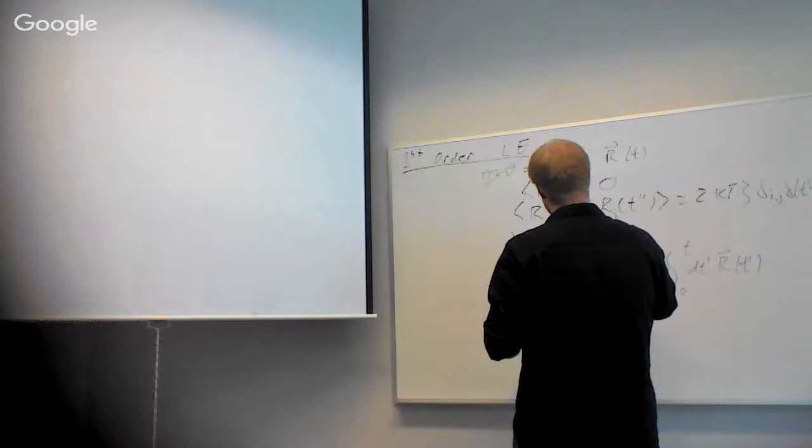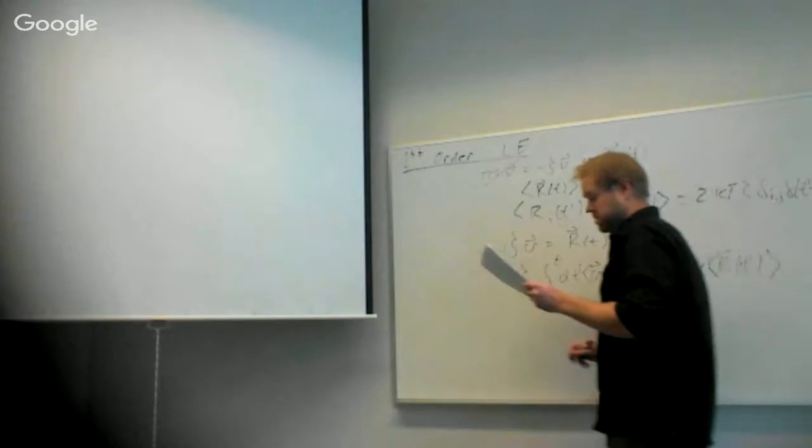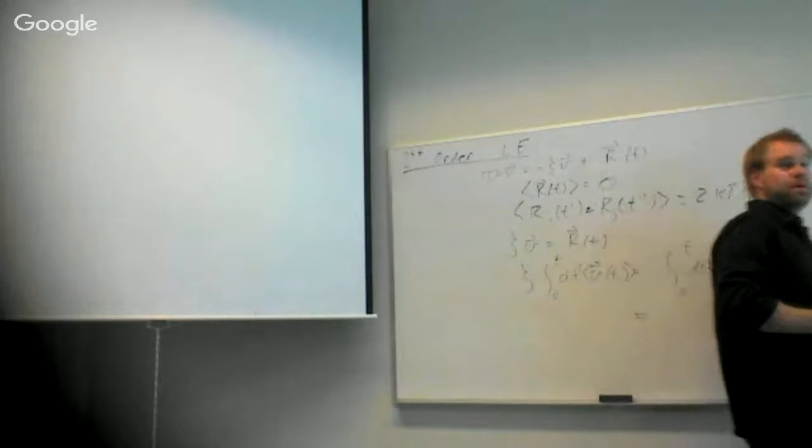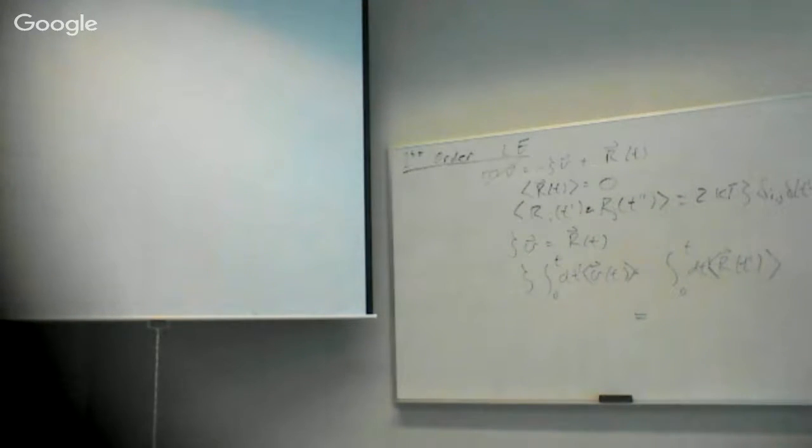And so this then just becomes the average V. This is the average R. And what does that equal? If you average over all your random numbers, you get zero.